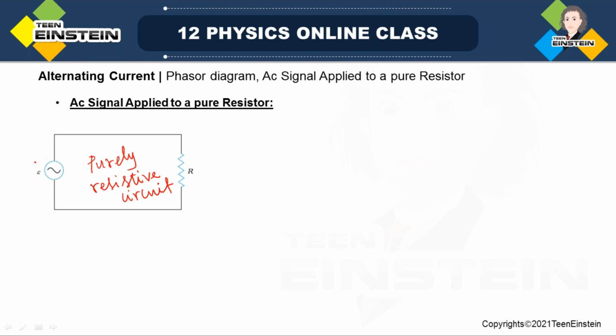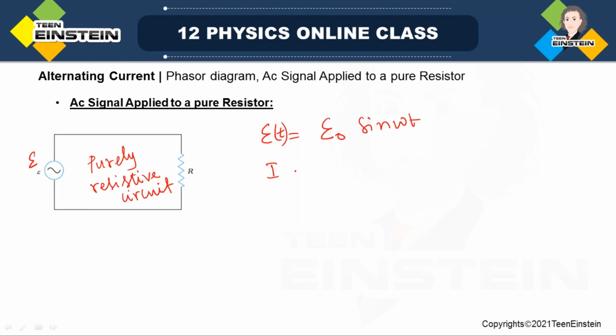Here the EMF is E and the resistance is R. Suppose this battery is giving EMF to the circuit which is varying sinusoidally like this, as a function of time. This is the instantaneous value of the EMF which is sent by this AC generator to this resistor: E equals E0 sine omega t.